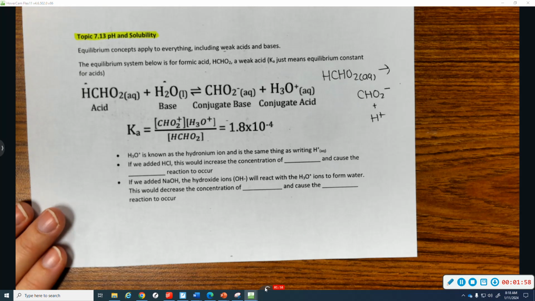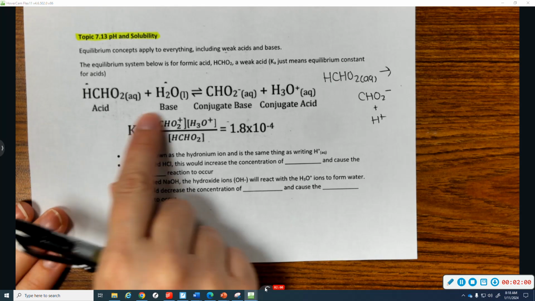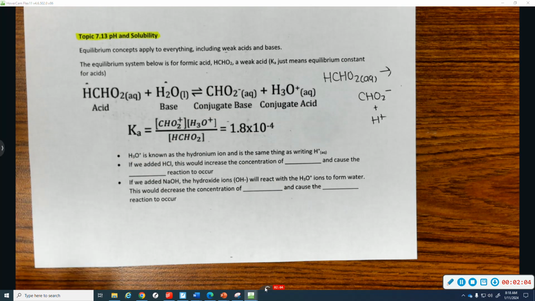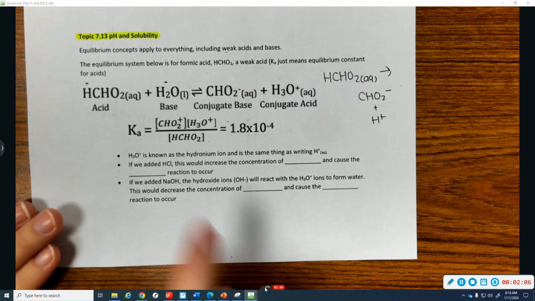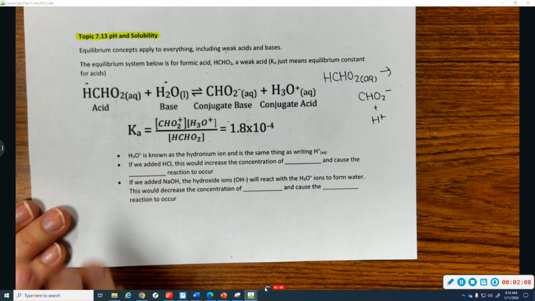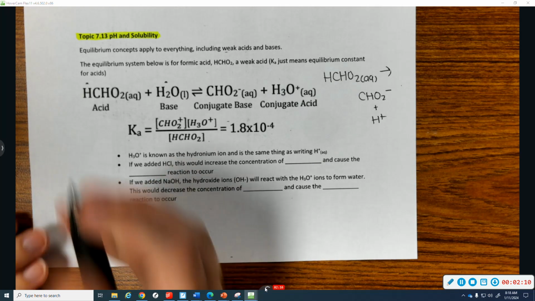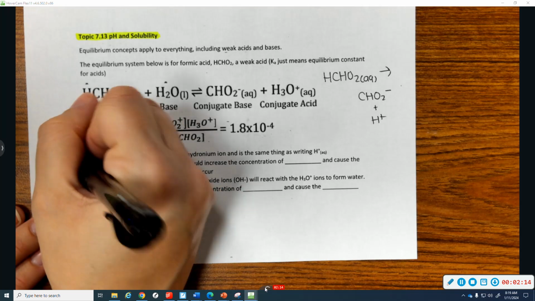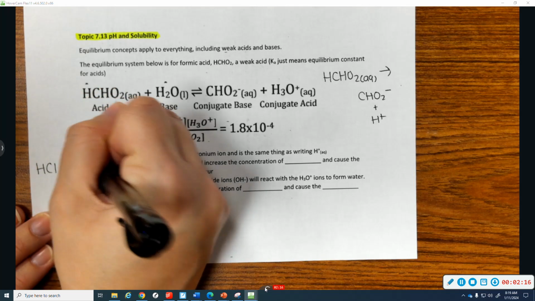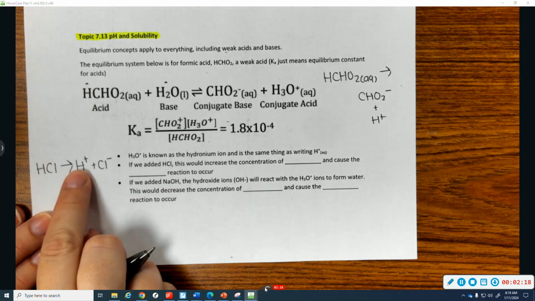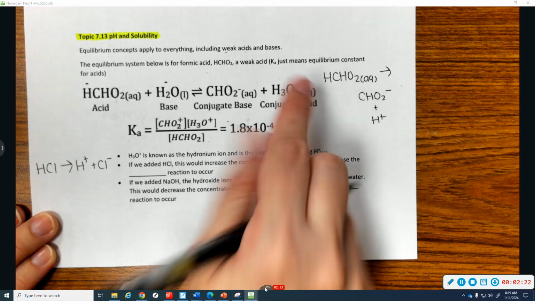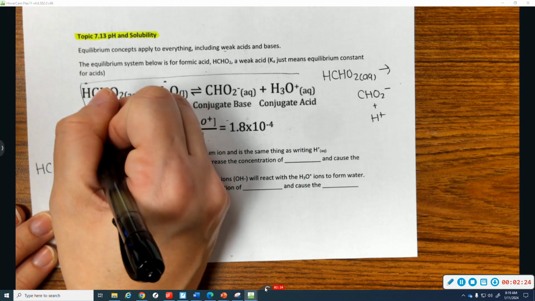So if I added hydrochloric acid to this system, what's going to happen? Well, the first thing you need to remember is that HCl is a strong acid. Strong acids fully dissociate. So if there's not a reverse arrow, it will fully separate into hydrogen ions, or hydronium, and chloride ions. So what is that going to do to this system?